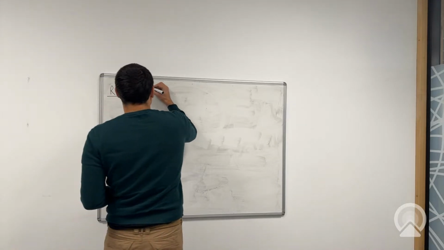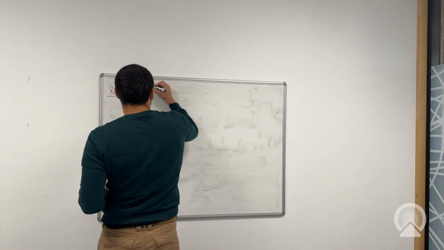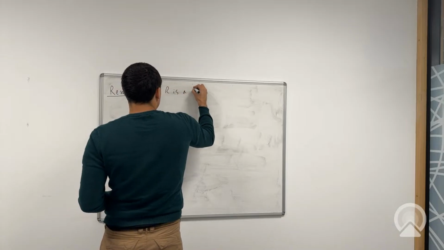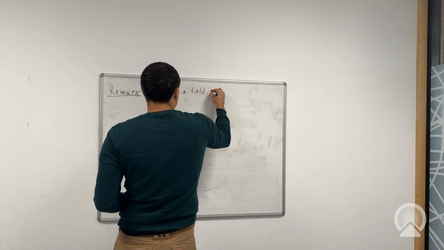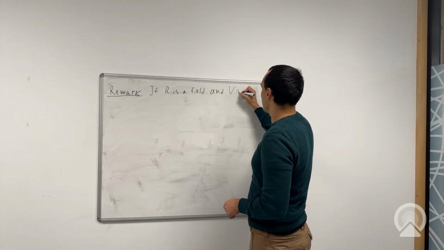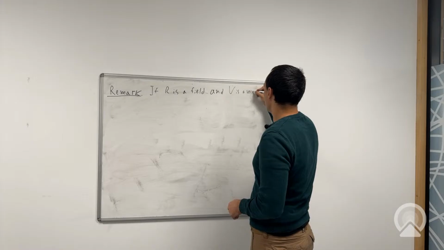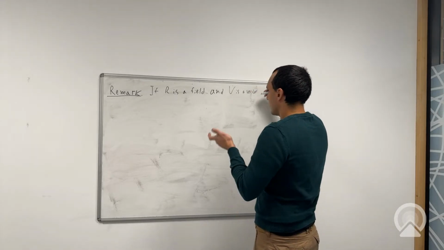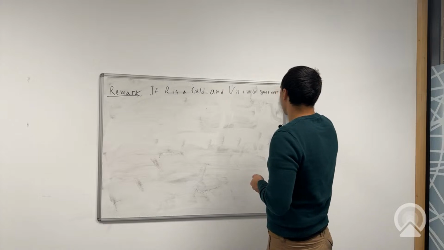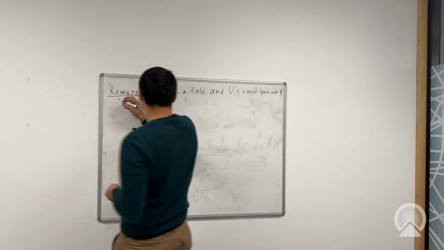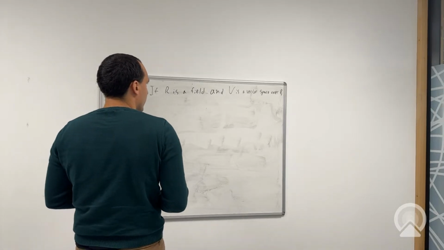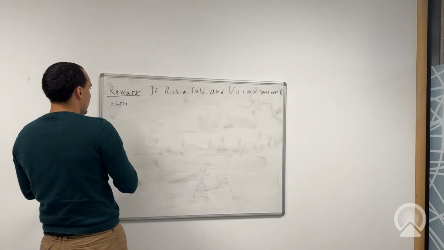So we have the following remark. If R is a field and V is a vector space over R, so a module but over a field, so it's a vector space, then we have the following.